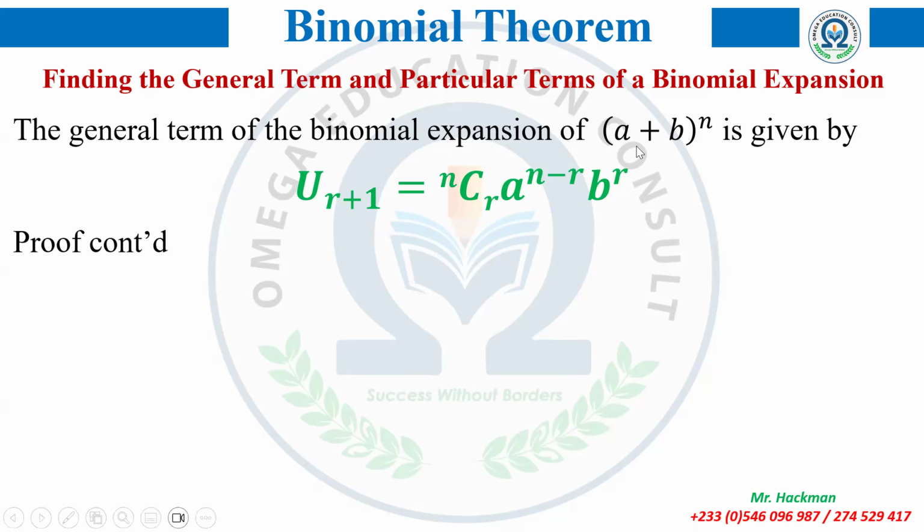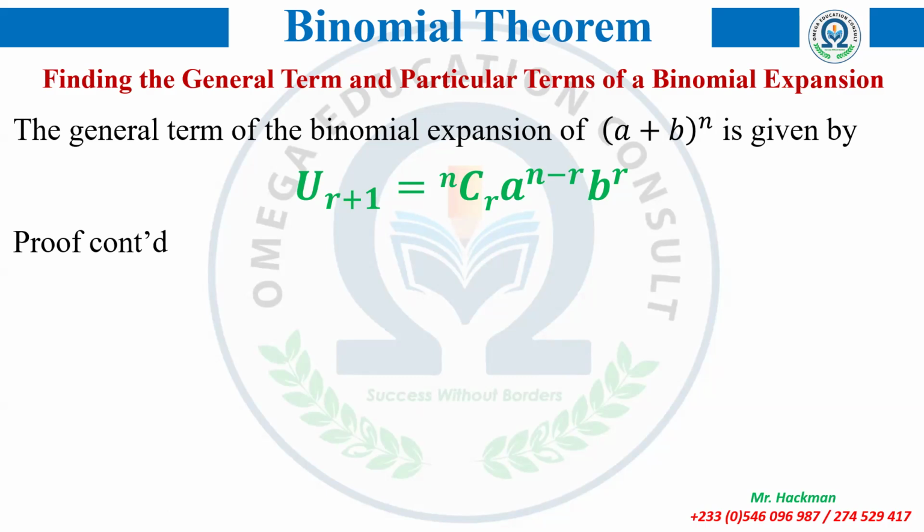Yes. So ordinarily, someone who is not privy to this, what the smart one will do, if you don't know this formula, the general term, and therefore using it to find the particular term, is not to sit down and let the marks go.